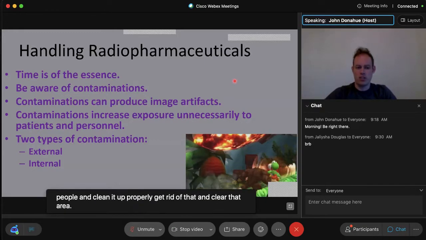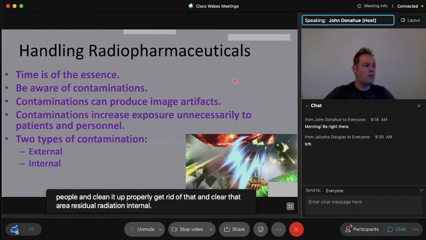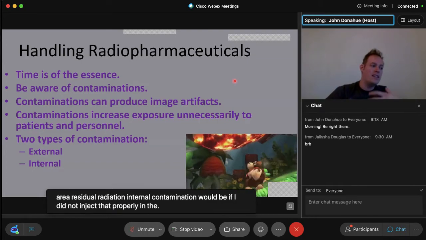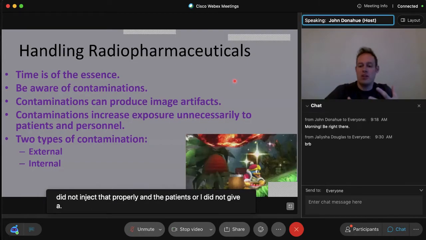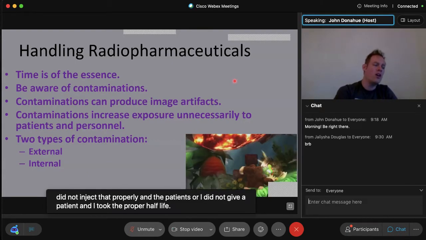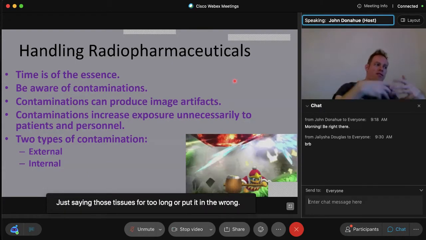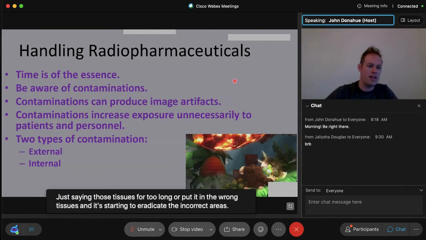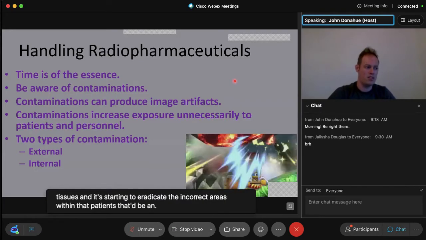Internal contamination would be if I did not inject that isotope properly in the patient, or I did not give a patient an isotope with a proper half-life. It's just staying in those tissues for too long, or I put it in the wrong tissues and it's starting to irradiate the incorrect areas within that patient. So that would be an internal contamination.